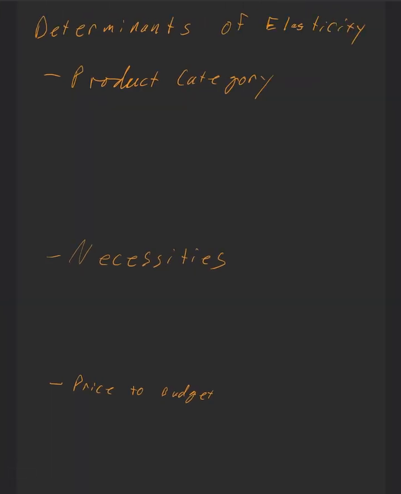Another type of determinant for elasticity is the product category. What I mean by this is, are we talking about a product in general, or are we talking about a brand? If we're talking about a brand, the elasticity for a particular brand will almost always be more elastic. And the reason for that is, if you're asking what's your own price demand elasticity for Coke, well, all those other brands, Pepsi's, count as substitutes in that case, so you'll be more elastic.